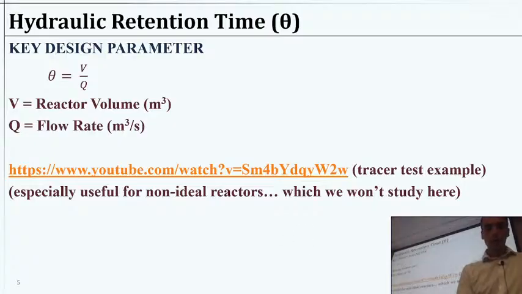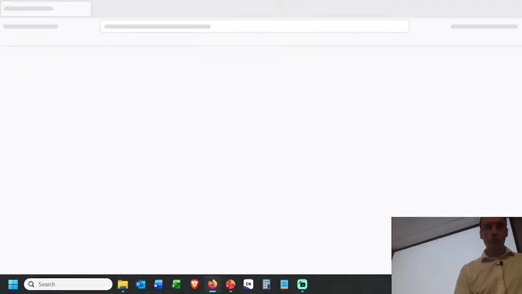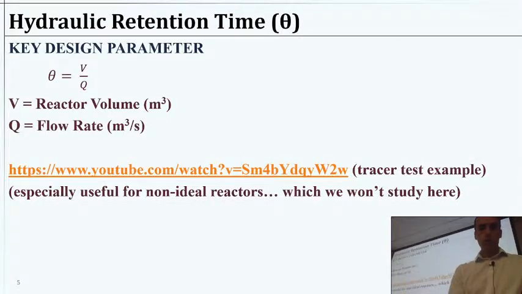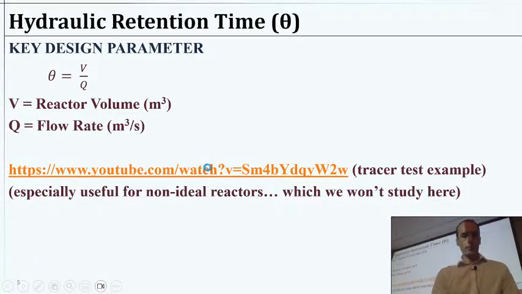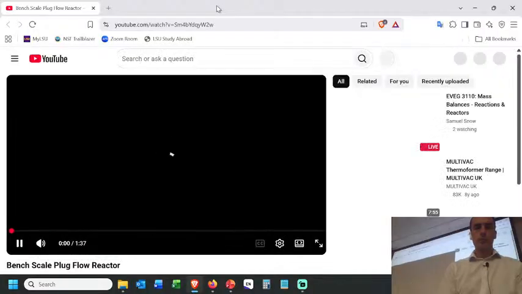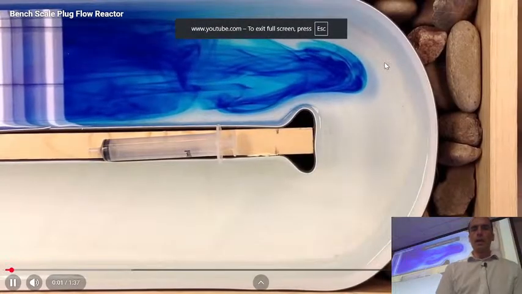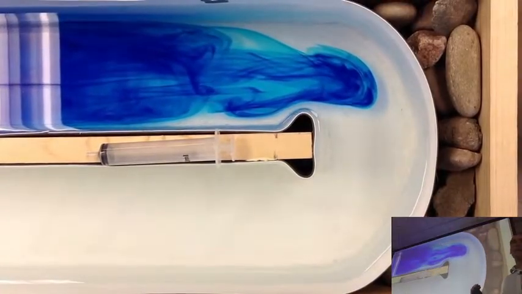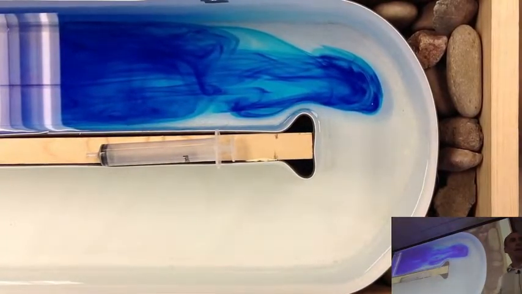And we can take a look. Let me pull up this. We can take a look at what's called a tracer test, and essentially get an impression for what is happening with water flowing through some reactor.